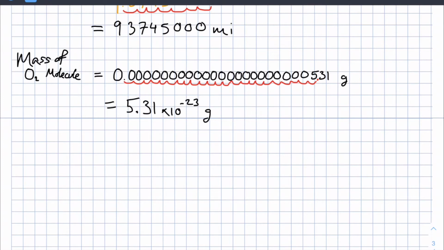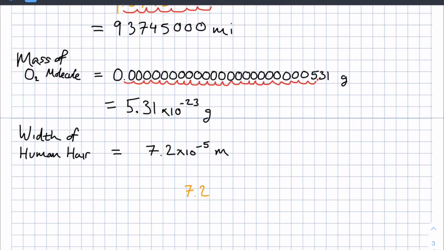And finally, let's convert a small number from scientific notation to standard notation. Human hair comes in lots of widths, but a typical width is 7.2 times 10 to the negative 5 meters. Just as before, I'm going to write down the magnitude, 7.2. Then I move the decimal point 5 places, because the exponent is 5.